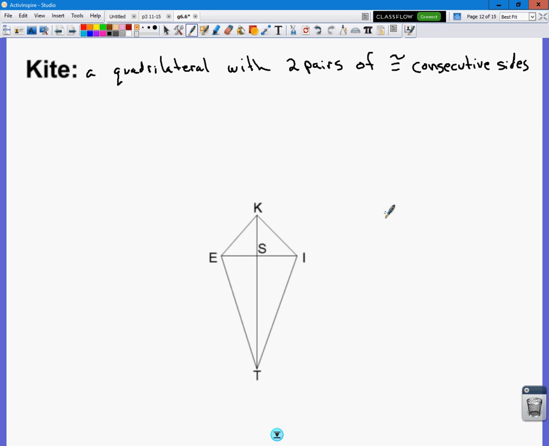Notice we're not talking about opposite sides, we're talking about consecutive sides. So in my picture, KE and KI are congruent. They're consecutive. ET and TI are consecutive.